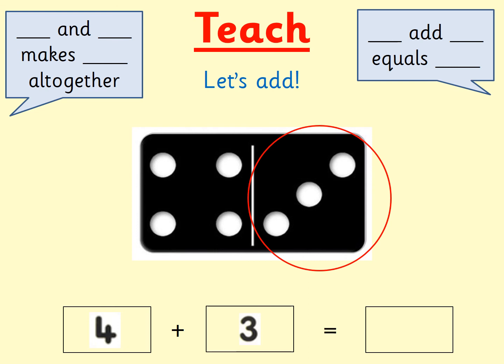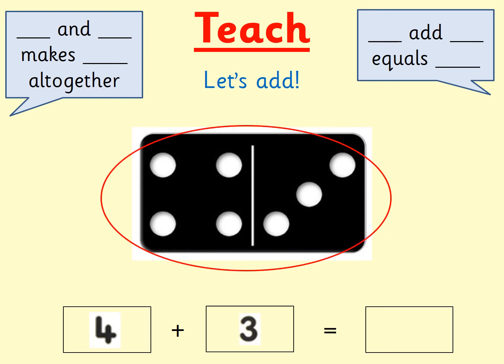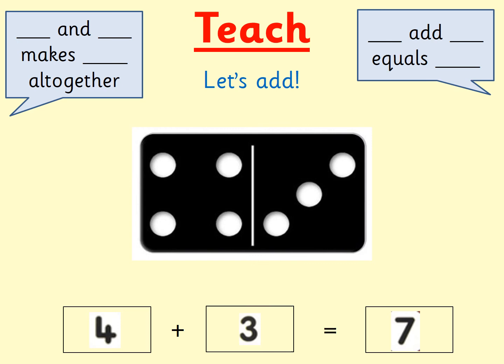Now let's see how many there are all together. 4 add 3 equals 1, 2, 3, 4, 5, 6, 7. 4 add 3 equals 7. You say that? 4 add 3 equals 7. 4 and 3 makes 7 all together.